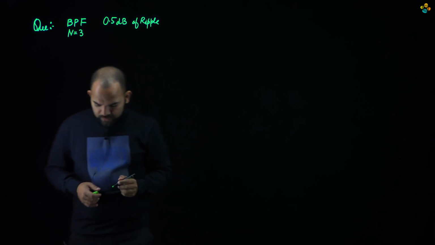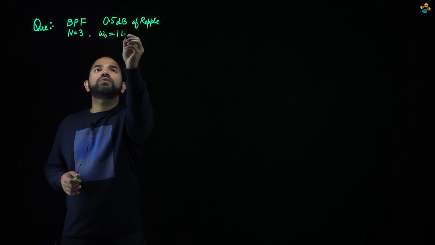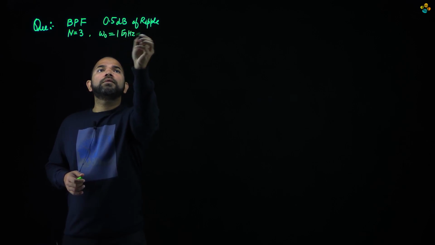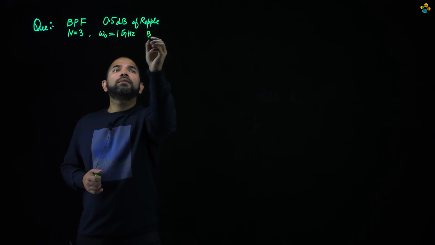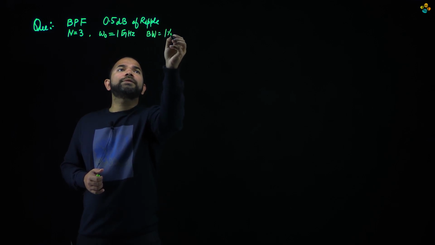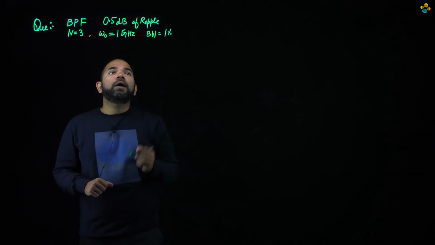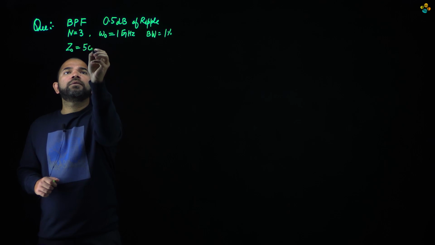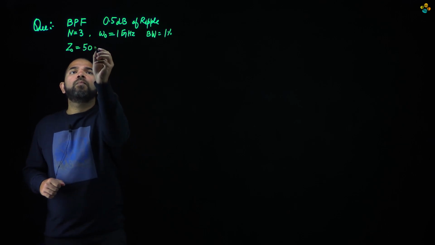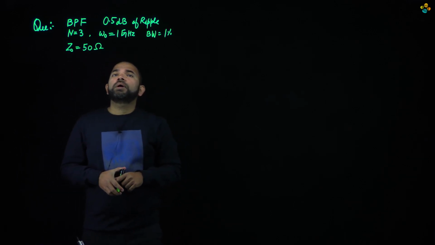The center frequency is 1 gigahertz, and the bandwidth is given as 1% around this center frequency, and the system impedance, the Z0, is given as 50 ohm.